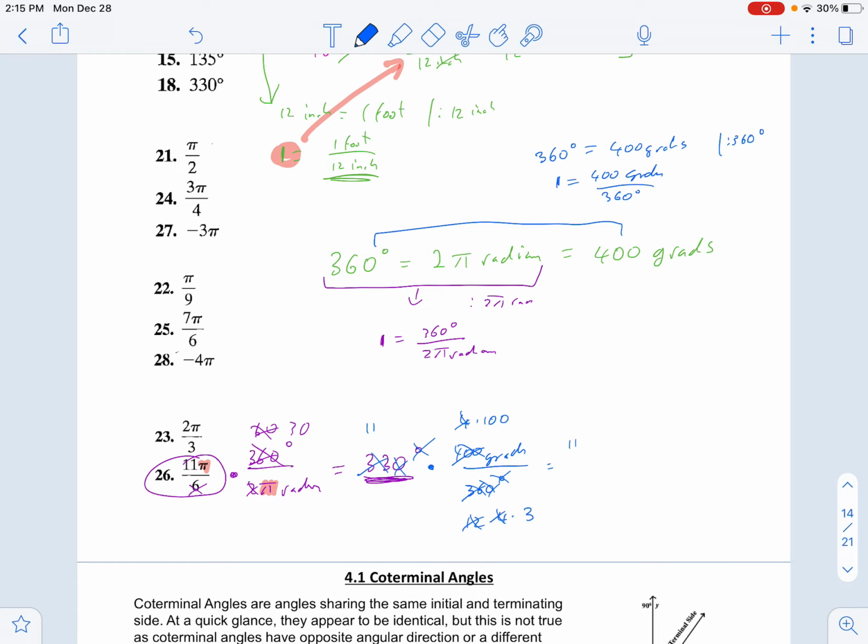And I have 1100 divided by 3 grads. So all of these are therefore equivalent. 11 pi over 6 is the same as 330 degrees is the same as 1100 over 3 grads. All of those equivalent. All right?